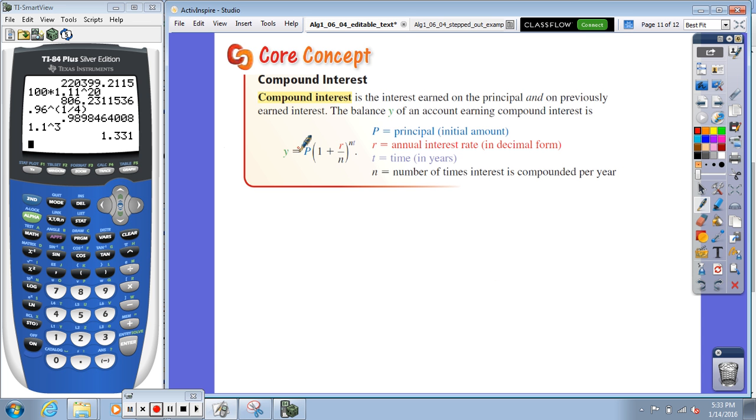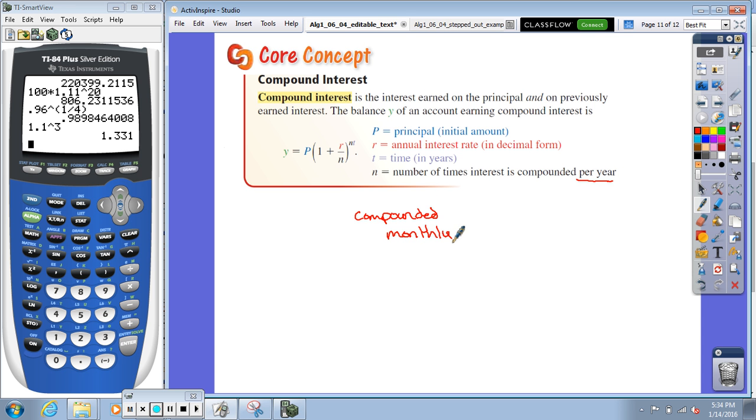So P represents the principal amount. It's the amount you start with in the account, the initial amount you invest. R is the annual interest rate, but in decimal form. T is the time in years, and N is the number of times interest is compounded per year. So if it said it was compounded monthly, think to yourself, how many months are in a year?